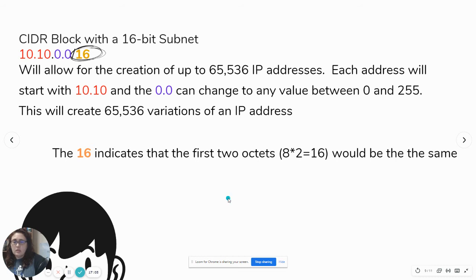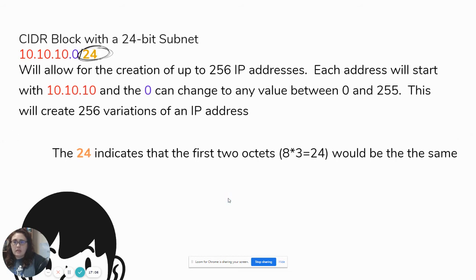Okay, another example would be this. A 24 CIDR block with a 24-bit subnet. So it's 10.10.10.0/24. This will allow only for the creation of 256 IP addresses. That's because the first three 10s are all going to be the same, indicating that they will not change.